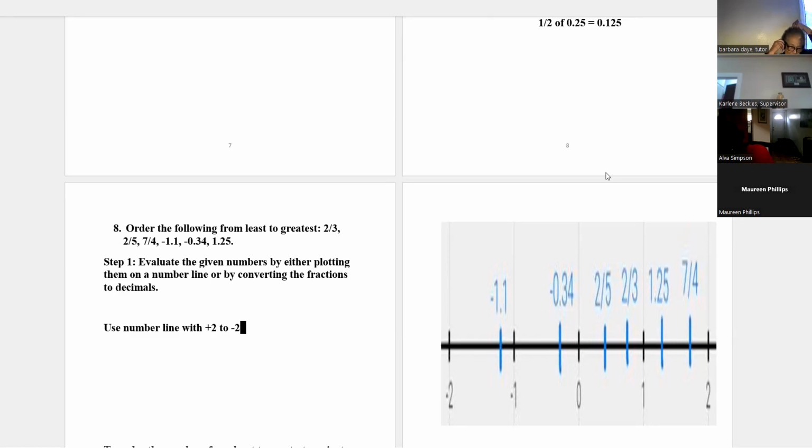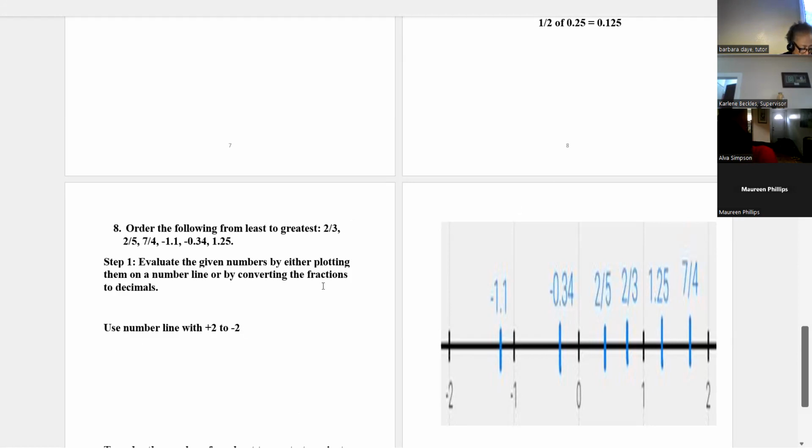And how many number lines do you want me to make? You only need one number line. Okay. -2 to +2. Then you can fill in where everything goes. But I want you to convert your fractions to decimals. Or you can leave them if you can figure them out with fractions, but it's easy if you can compare them.